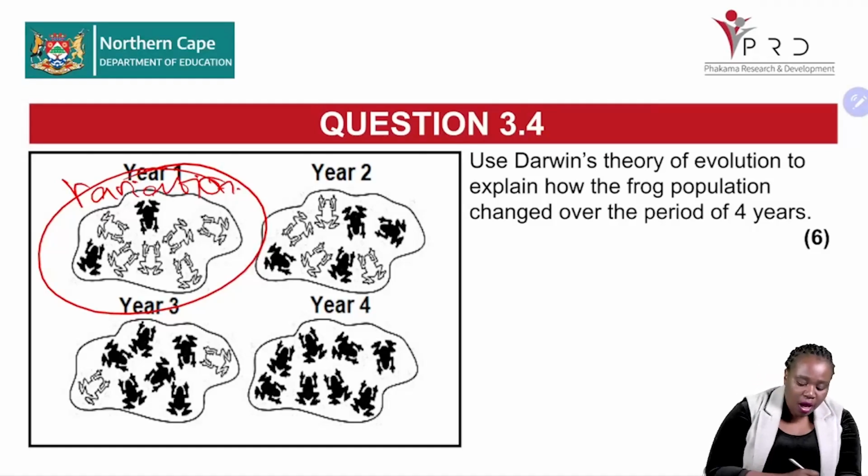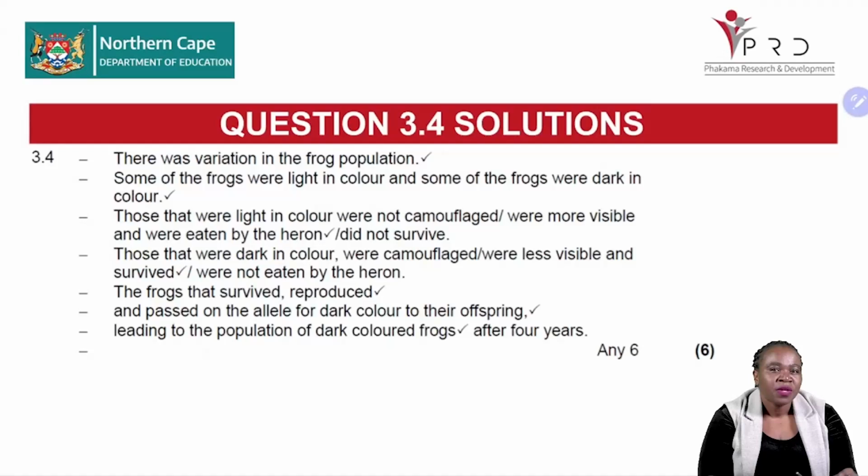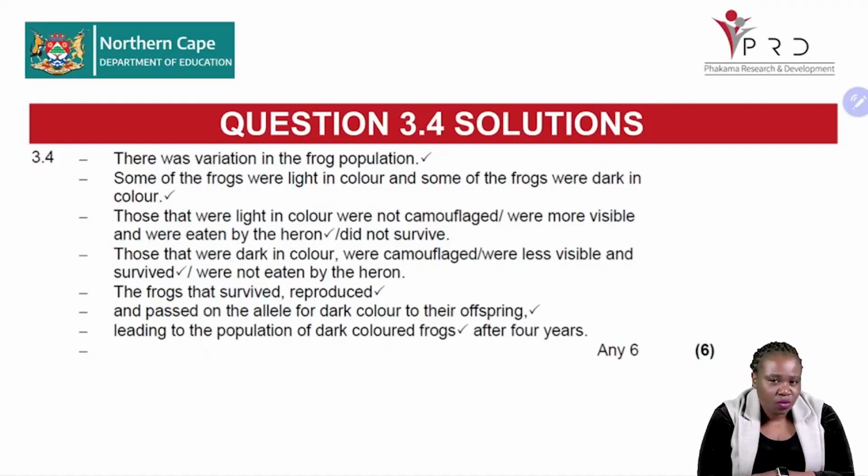Now, as we are seeing this, we would know that either being dark or being light is a favorable characteristic, meaning that the organism that has the favorable characteristic, in this case the dark organism, is going to survive.